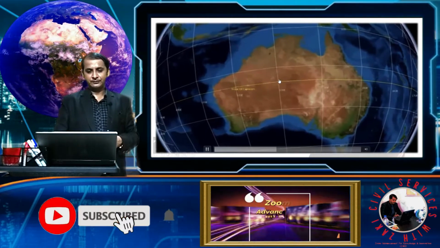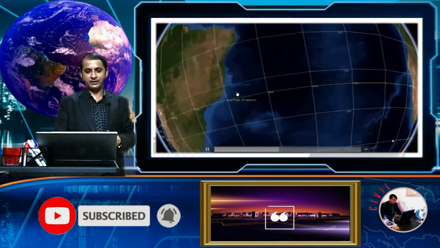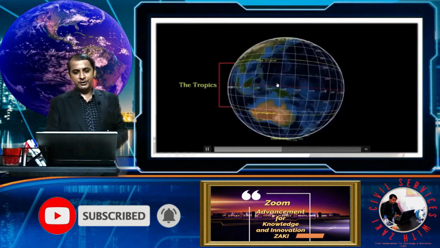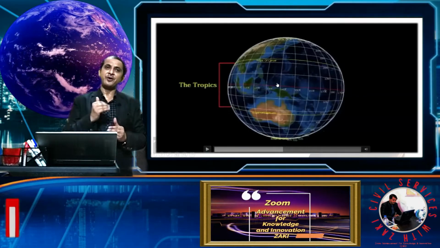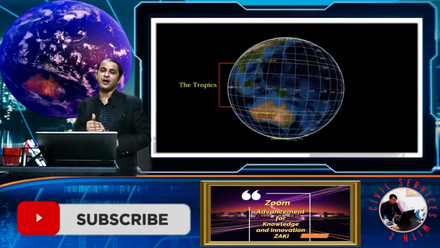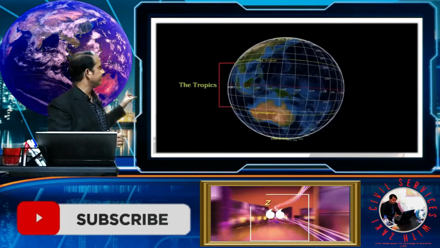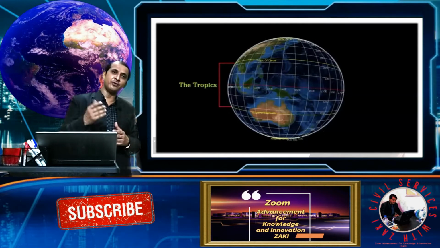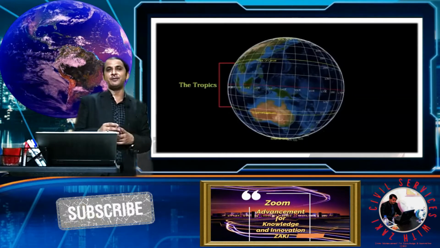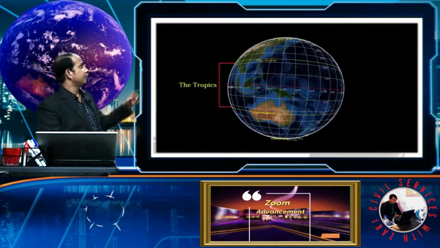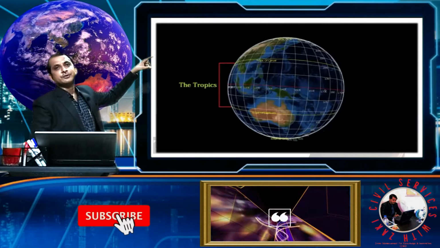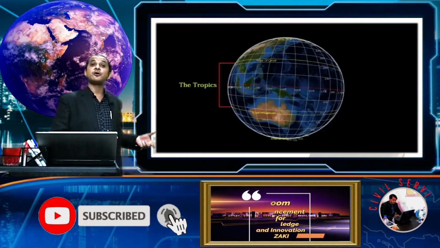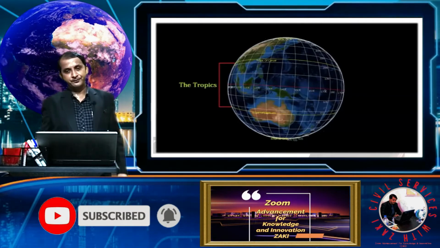The areas between the Tropic of Cancer and Tropic of Capricorn are called the tropics. So as you see, tropical forest, tropical region, tropical climate, it means it lies from the Tropic of Cancer to the Tropic of Capricorn.